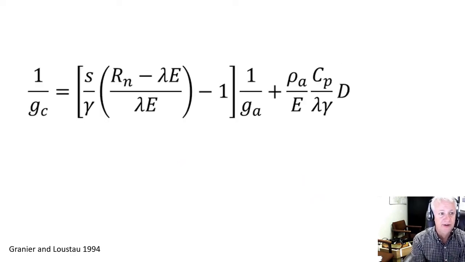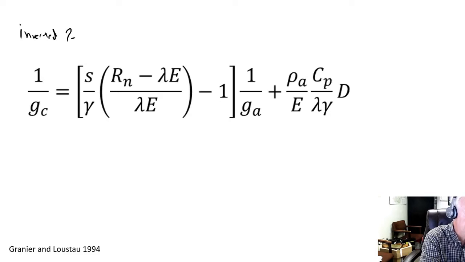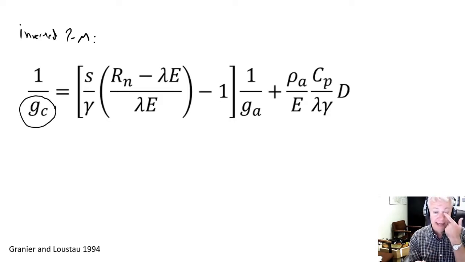And that other use is to invert the Penman-Monteith equation. So this formulation here is just the inverted Penman-Monteith equation. And by inverted, I mean it is solved for GC. So do the algebra to move GC to the left side of the equation.